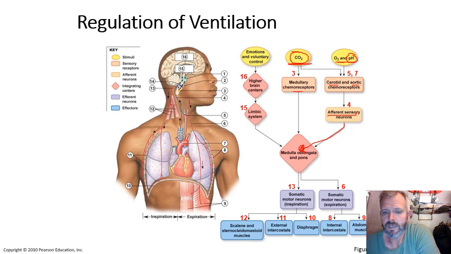They are going to cause effects on the external intercostals, the diaphragm, scalenes, all those muscles that control ventilation. These somatic motor neurons can control how deeply I breathe. If I want to breathe deeper, what do I need to do? I need to recruit scalenes and sternocleidomastoids.